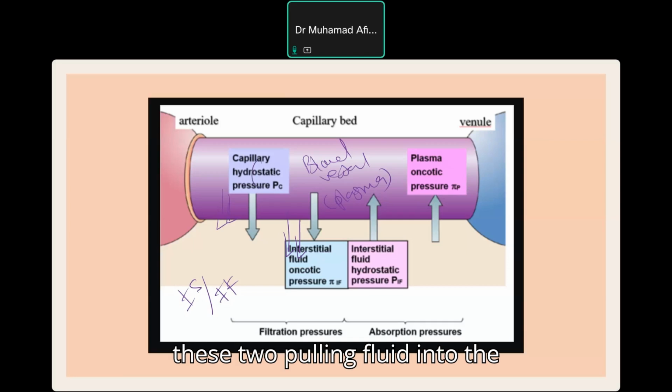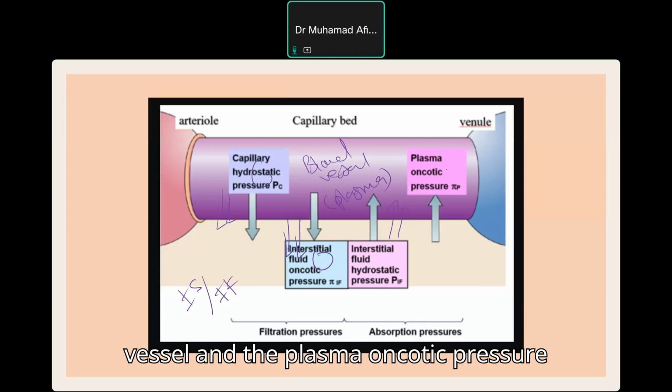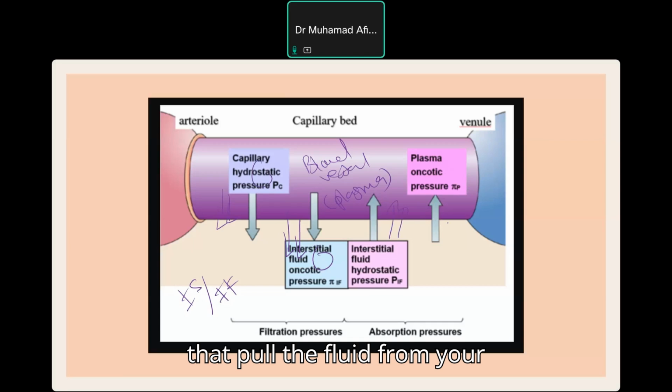So you have these two pulling fluid into the interstitial space, and then you have your interstitial fluid hydrostatic pressure pushing the fluid into the blood vessel, and the plasma oncotic pressure that pulls the fluid from your interstitial fluid into your blood vessel.